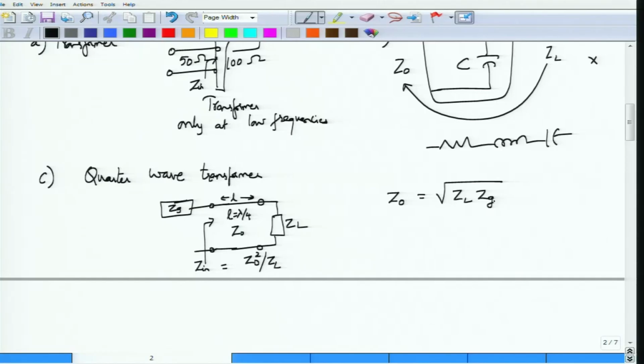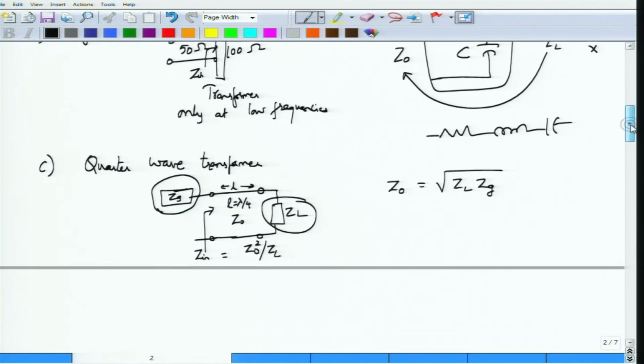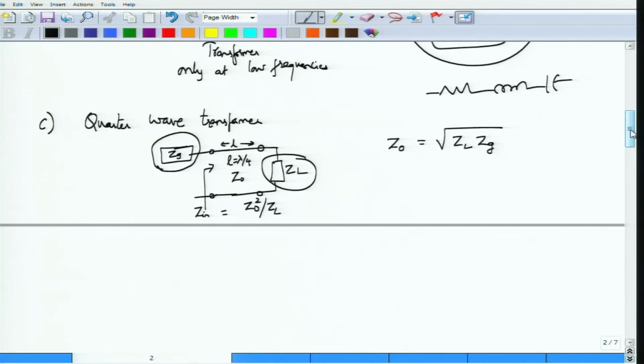So choose a transmission line of length lambda by 4 at that particular operating frequency to satisfy this condition, for any load, typically real load, to a typically real generator impedance. This is something that is usually used to match real impedances even at high frequencies. The problem here is that the bandwidth of this match is not very good, because it actually works only at a particular wavelength.